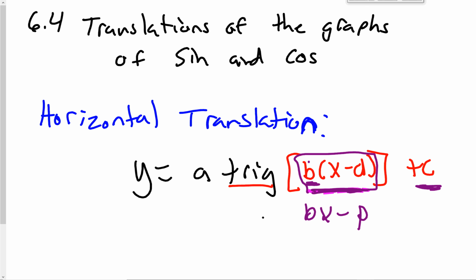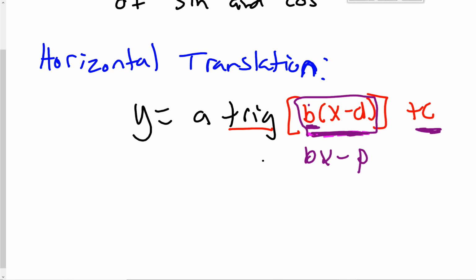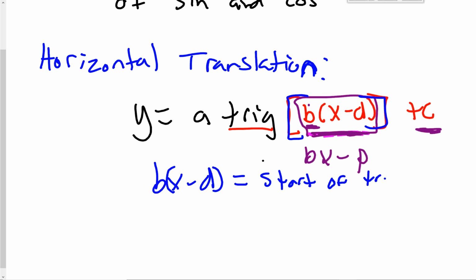What I normally do here is pretty simple. I take what I'm taking the trig function of, bx minus d, with parentheses, or sometimes that b is distributed, and I set it equal to where the normal start of the trig function is.